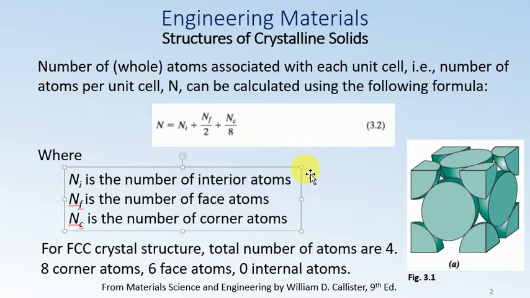So a total of 4 atoms are present for an FCC crystalline structure. I guess you can now calculate the total number of atoms present for BCC and HCP by yourself. If there is any difficulty or confusion, of course we will discuss this when we meet in the live session.